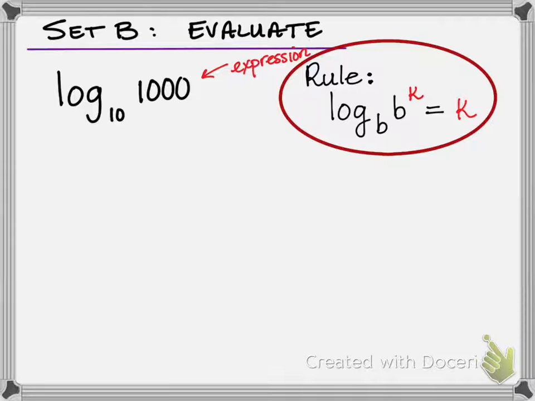So I want you guys to try and use this rule, because the rule says that if you can get this number here, the base, and this base value to be identical, whatever is your k value right here, that's what your answer is going to be. So your goal is to get those two numbers to be identical. But I want you to look at right now the problem I'm giving to you.